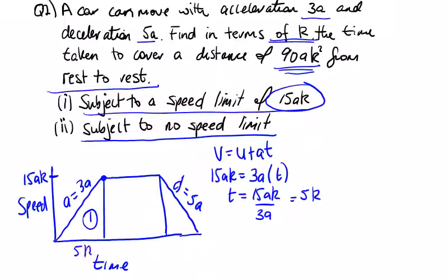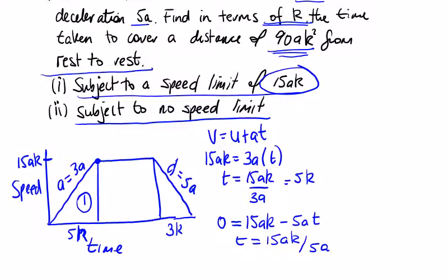So that's my time down here. And similarly, you can see the time for the last one will be 3k. Let's have a look at that. My final velocity is 0, my initial velocity is 15 ak, and it's going to be deceleration, so minus 5a times t. So t is equal to 15 ak divided by 5a, which, as we said, is going to be 3k.